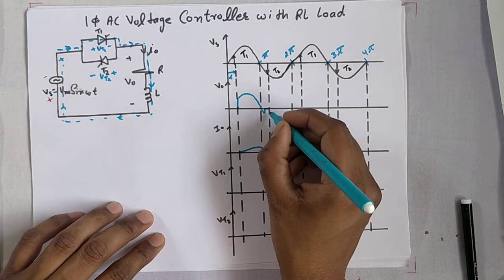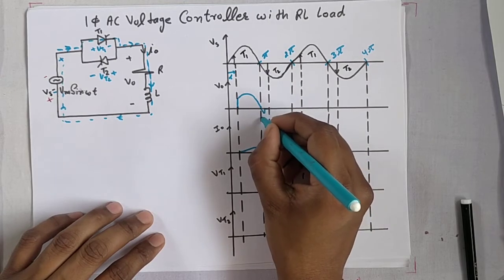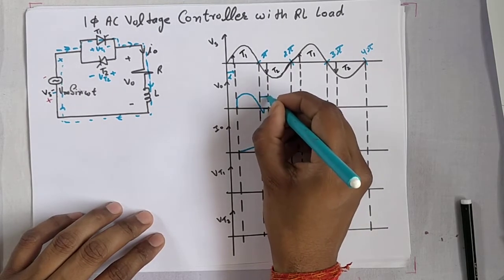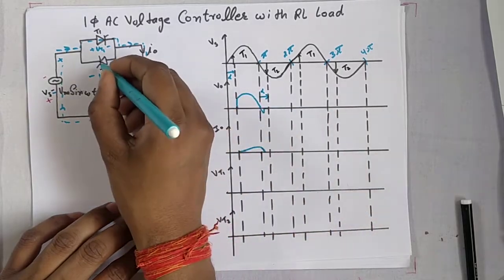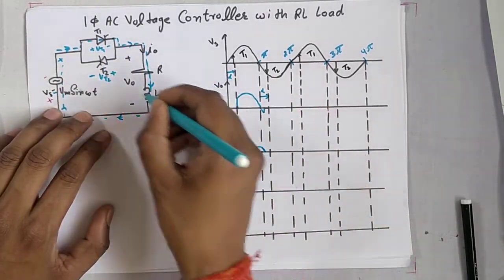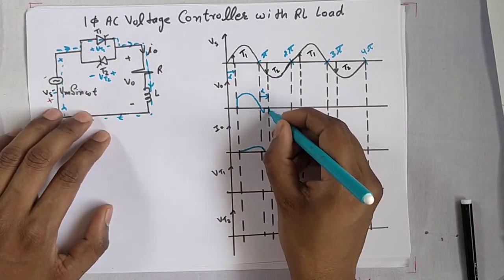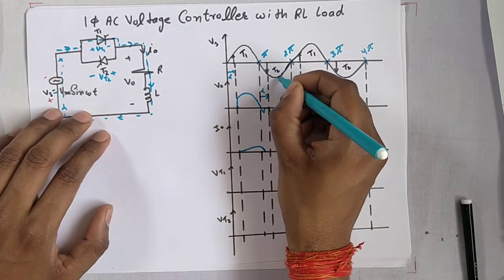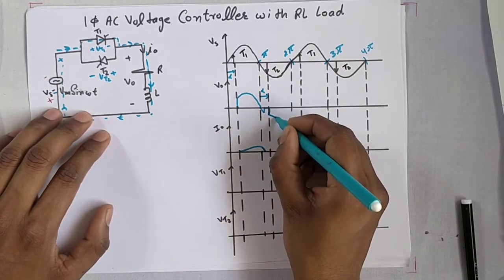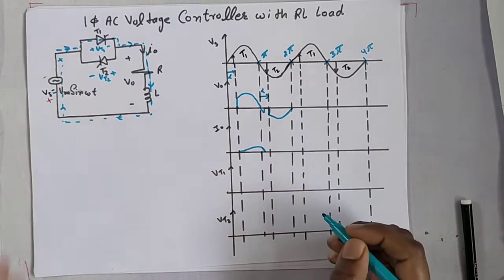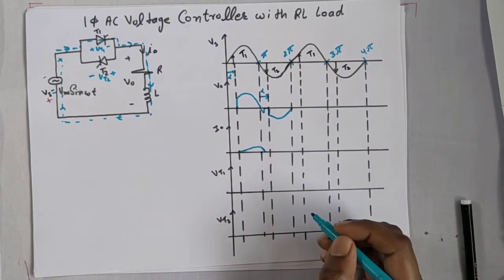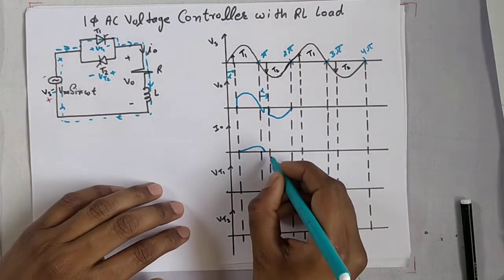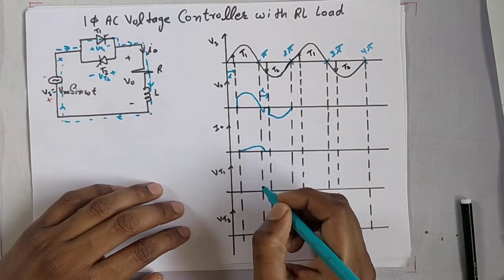After angle alpha counted from here, T2 is triggered, then the output voltage will be like this. Current from here to here is 0 because the output voltage is 0.